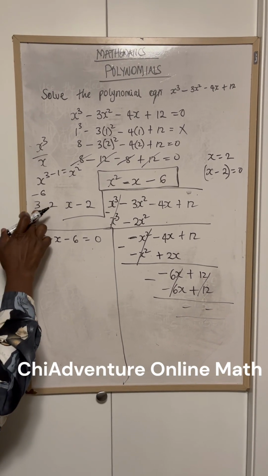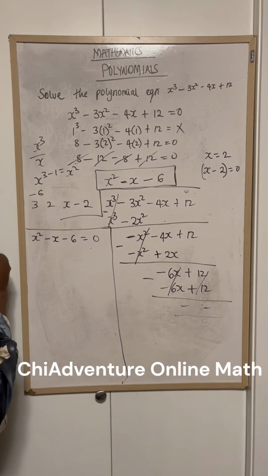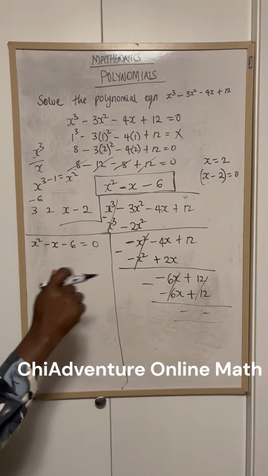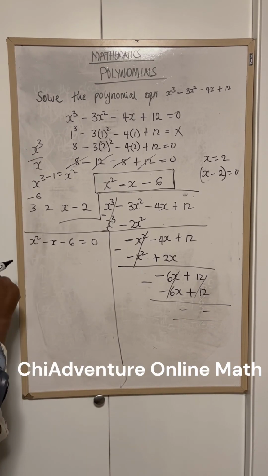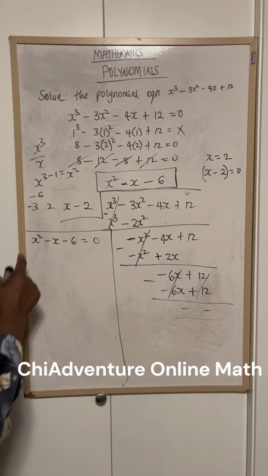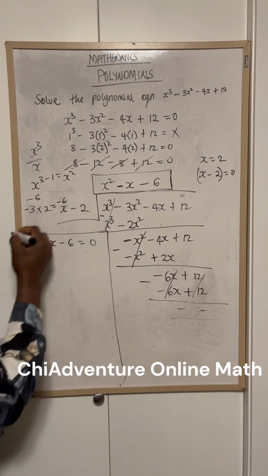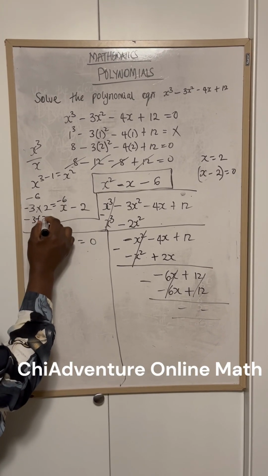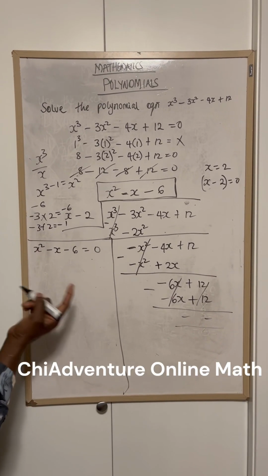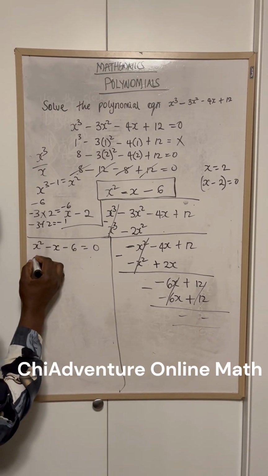If I multiply 3 times 2, it's going to give me 6, but if I add both of them, it's going to give me 5. So I need to introduce a negative sign to one of these constants. So if I have minus 3 and 2, minus 3 times 2 will give me what? A minus 6. Minus 3 plus 2 will give me what? A minus 1. So we have that our factors are minus 3 and 2.